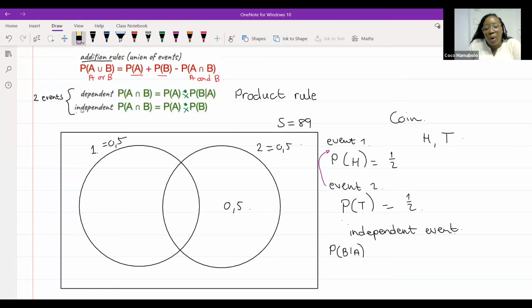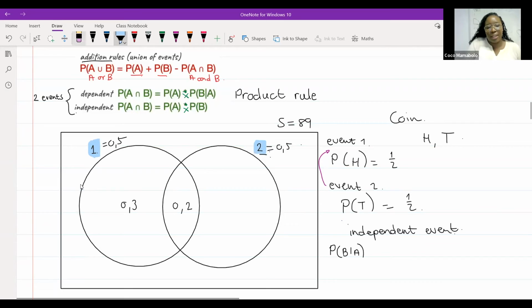Now, if he wins the match, then only then can he play match 2. In order for Samuel to play match 2, he needs to have won match 1. So the probability of match 2 happening is dependent on match 1. Am I making sense?